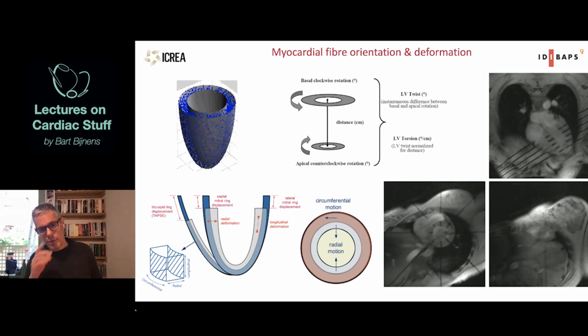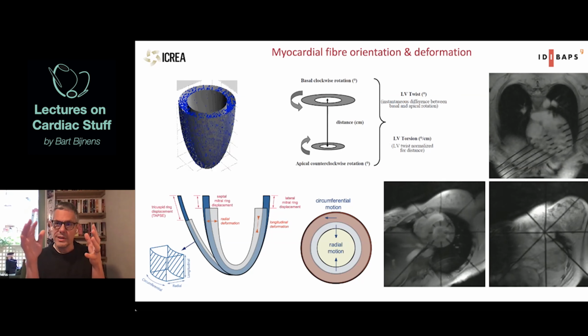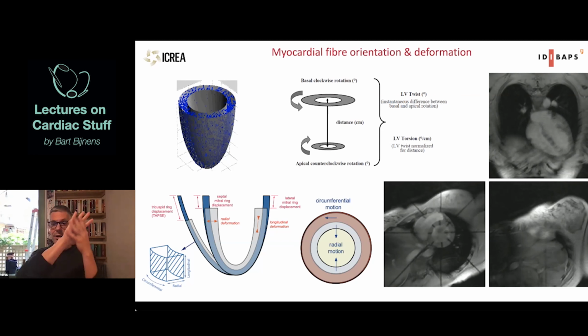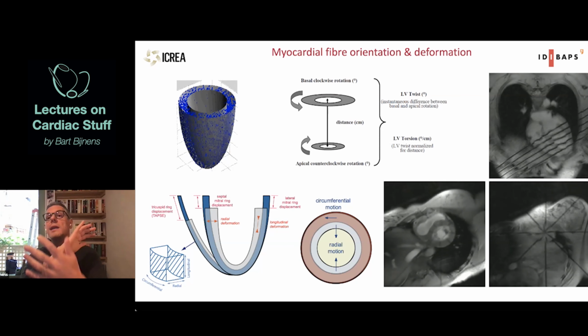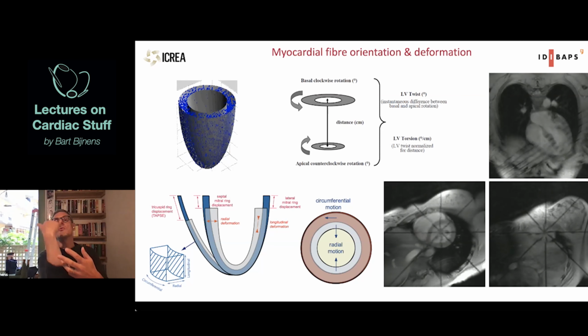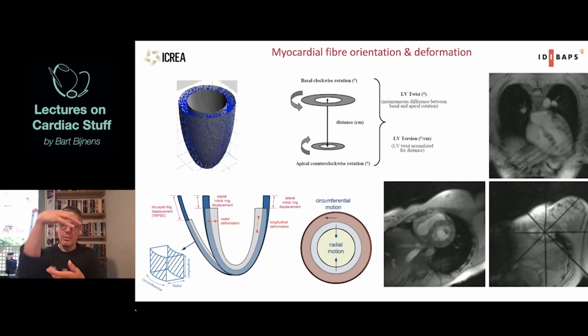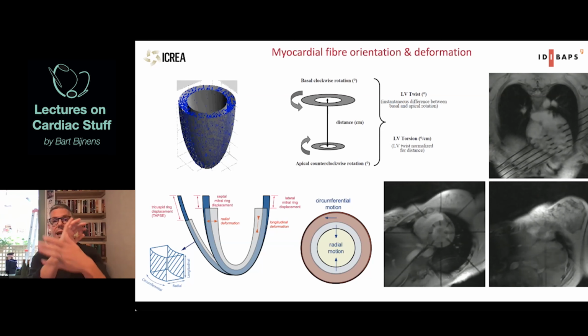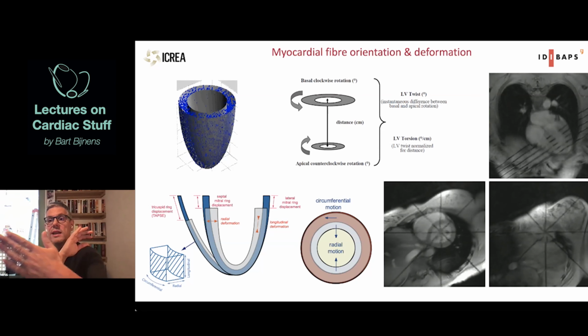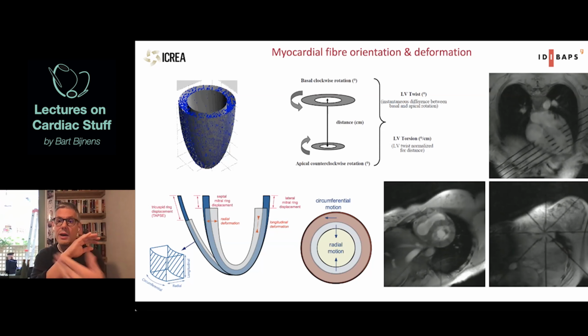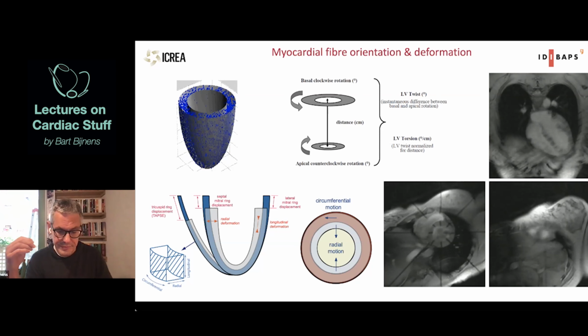Now, what I also told you before is that when you look at the orientation of the myocytes within the wall, at the epicardium the myocytes are oblique in some way. At the endocardium, they are oblique in the other direction. During the contraction, if the epicardial fibers contract, they will rotate the base from the apex in one direction. The endocardial fibers are oblique in the different direction, so they cause counter rotation to what the epicardium does.